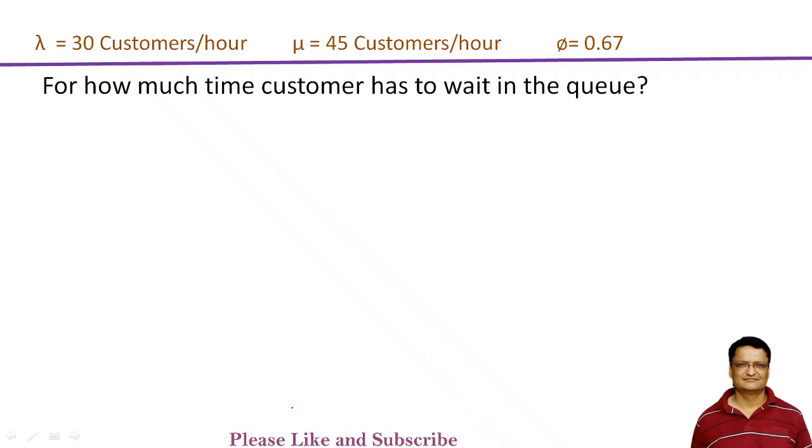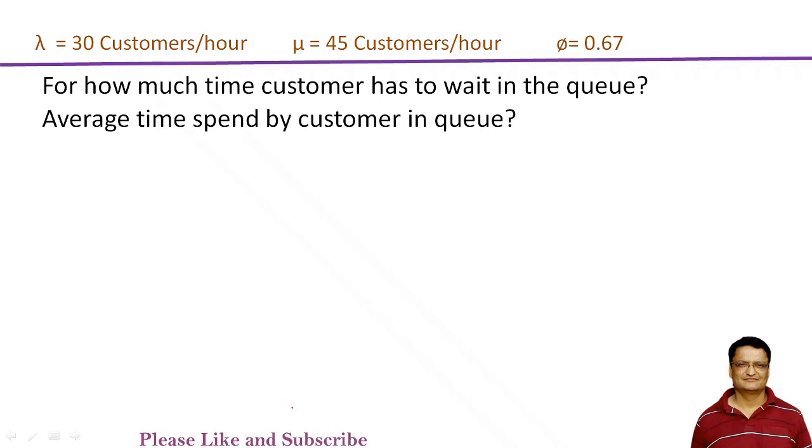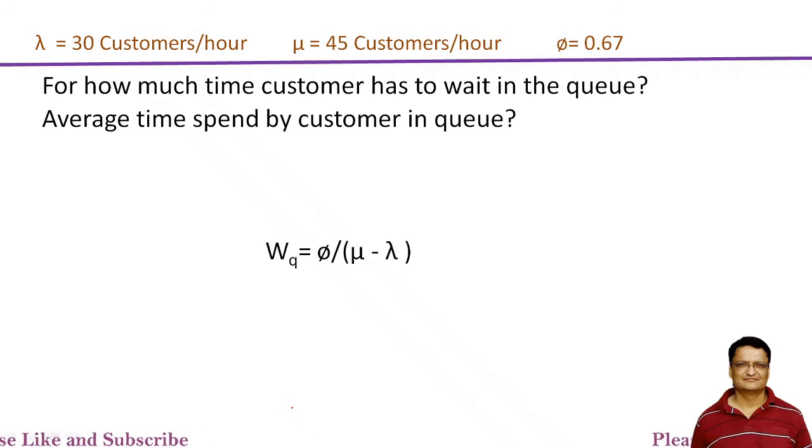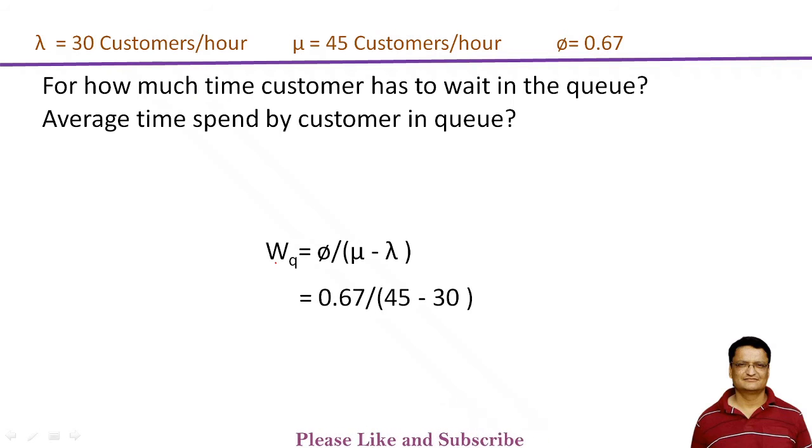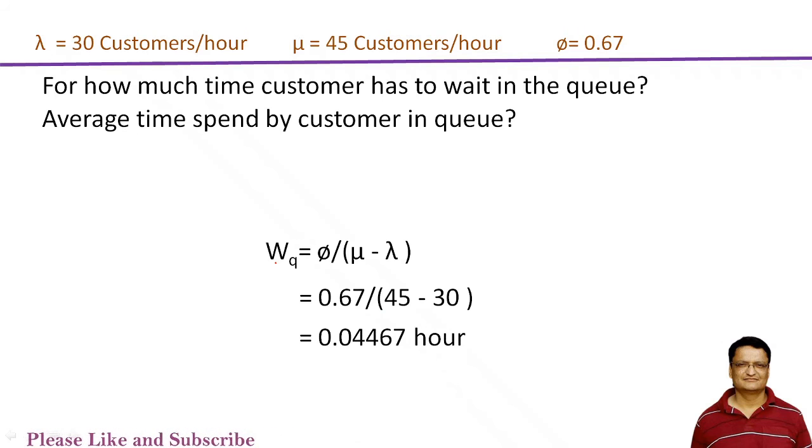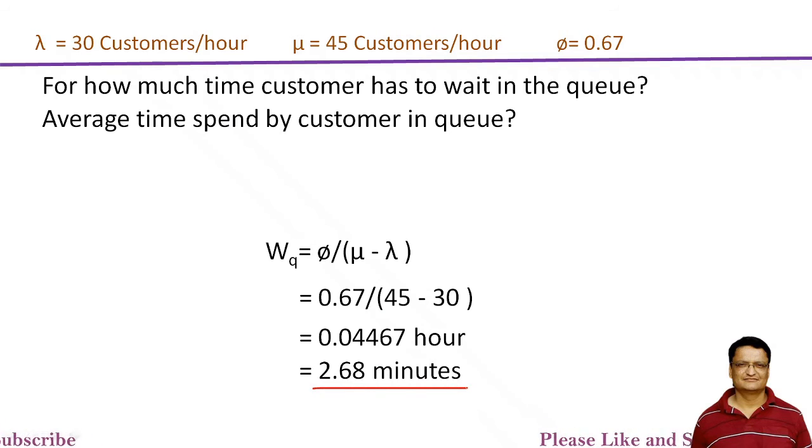For how much time does a customer have to wait in the queue? Average time spent by the customer in queue. Both these represent only one value and that is given by this formula. So this is the total time a customer spends in a queue, and this particular value comes out to be 2.68 minutes.